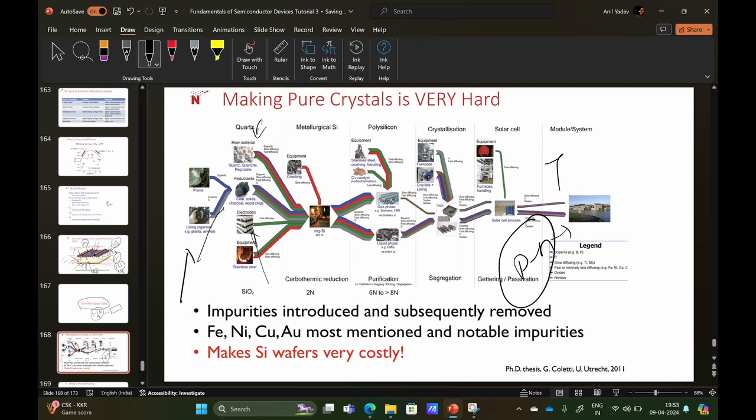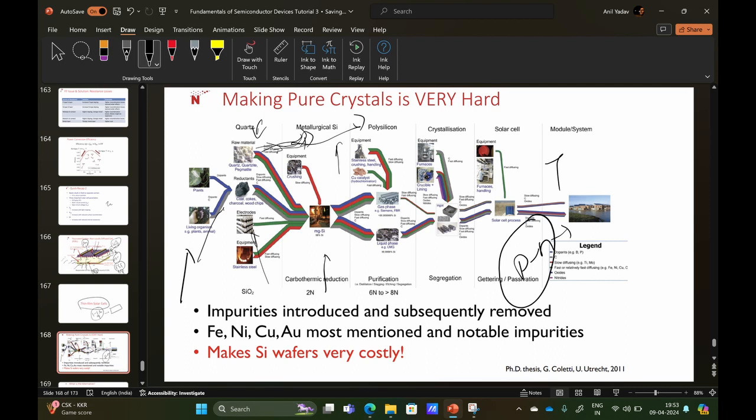There is metallurgical grade silicon, so there is a lot of metallurgy involved. It is converted into metallurgical grade silicon and polysilicon grade silicon. These steps are done at very high temperatures, around thousands of degrees.